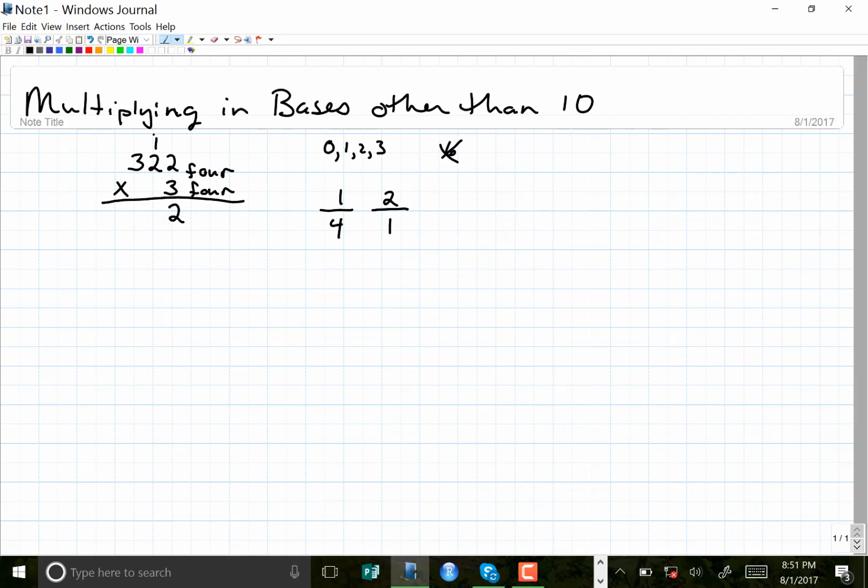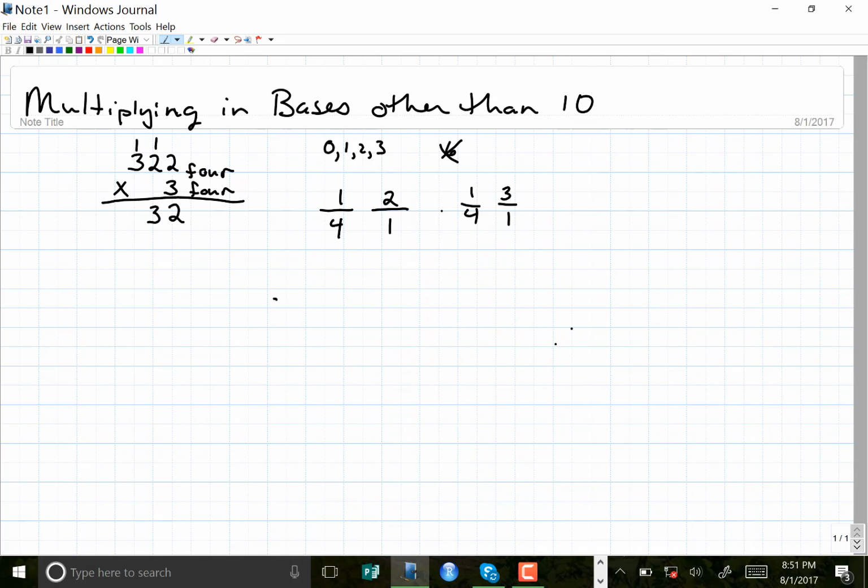So we can still do that. 3 times 2 is 6 plus 1 is 7. But now we have to remember that we have to write that number 7 in base 4. So in order to get 7, I'm going to need 1 four and 3 ones. So I'm going to put down the 3 and I'm going to carry the 1.